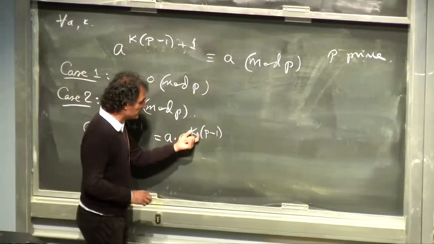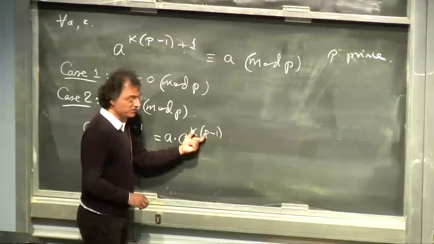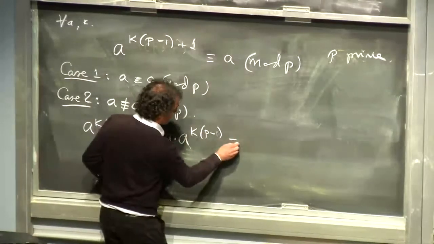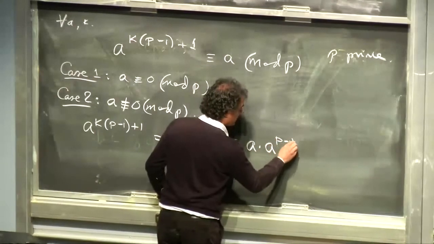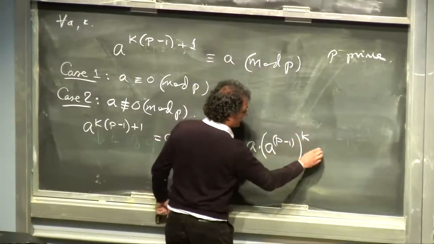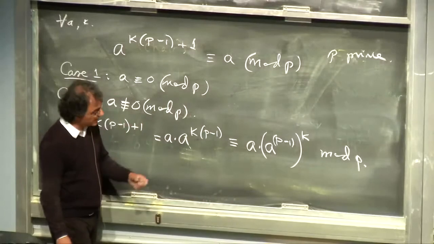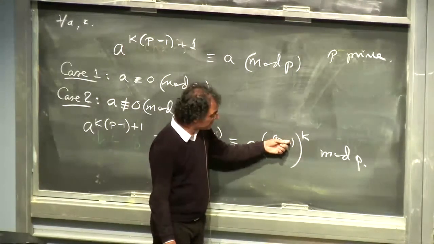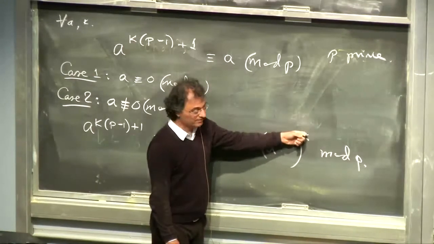When you have a product like this in the exponent, you can take a raised to one thing, whole raised to the other. So you can write this as a times a raised to the power of p minus 1, whole thing raised to the power of k mod p. Now what's a raised to the power of p minus 1? That's 1 by Fermat. What's 1 raised to the power of k? It's 1. So this is a.